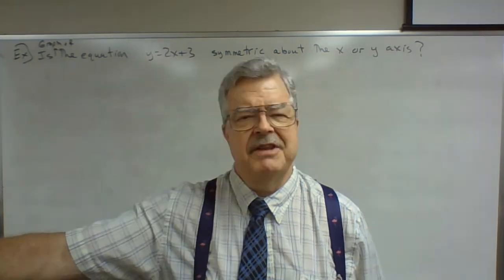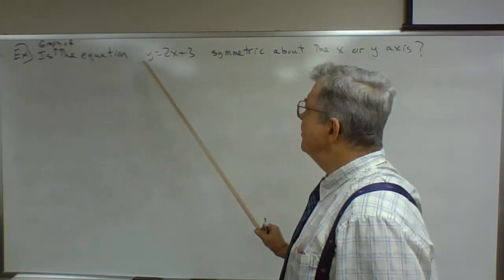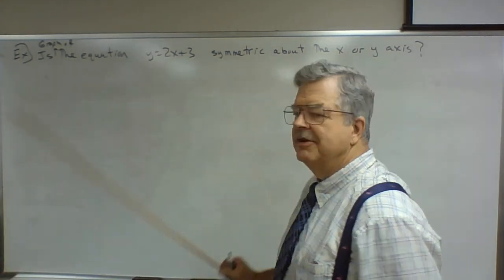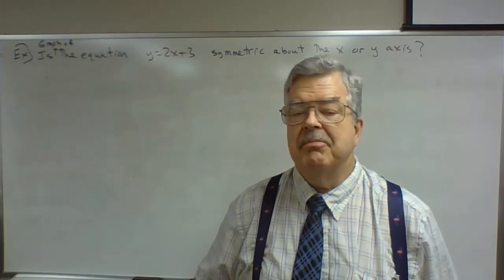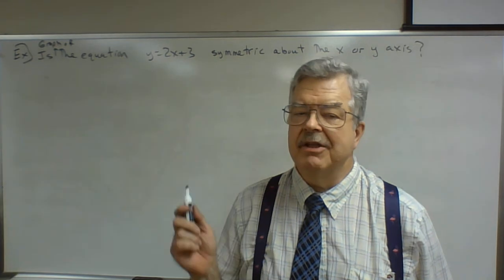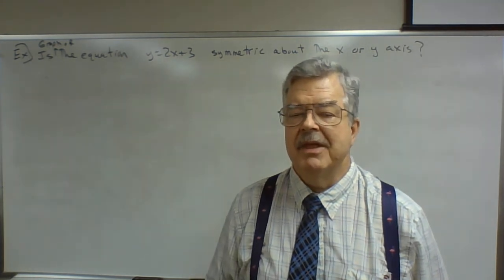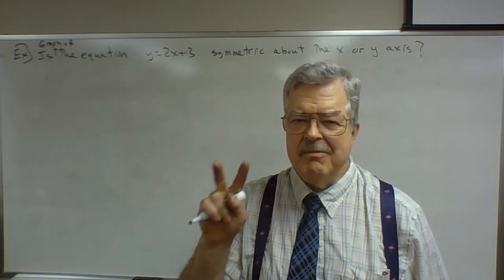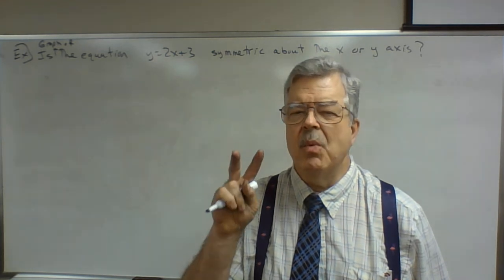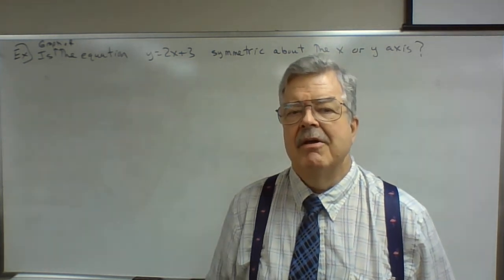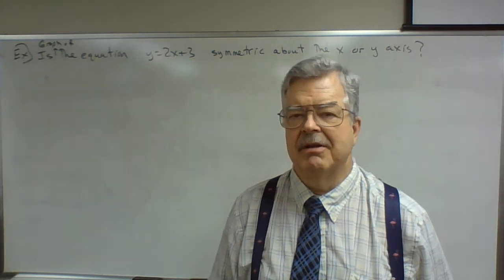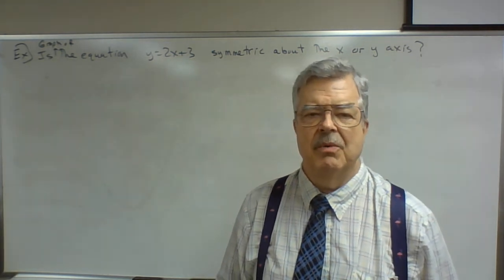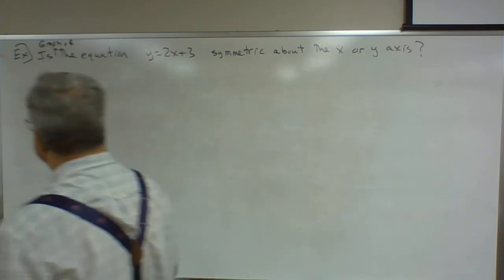Let's say that I doubt that the graph of this equation is symmetric about either axis. I'll plug in a value of x, I'll plug in the negative of that value, and if I don't get the same y value for each of those x values, it's not symmetric with respect to the y-axis. So let's see.